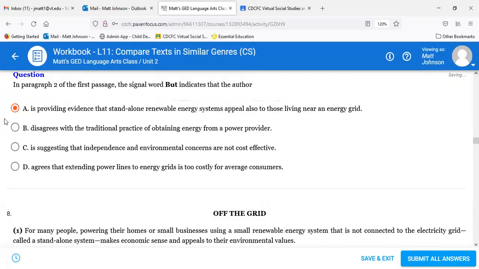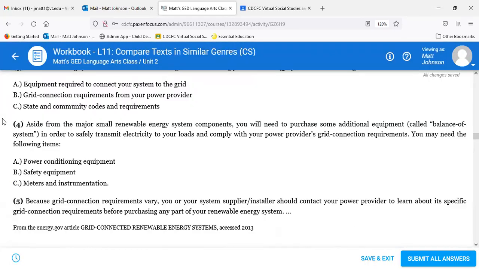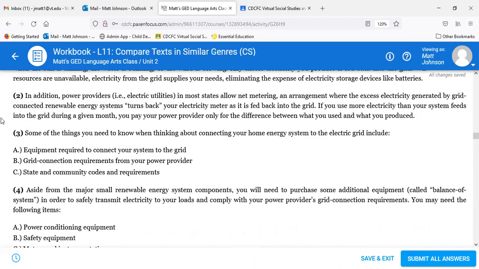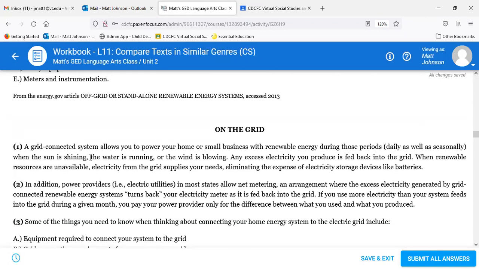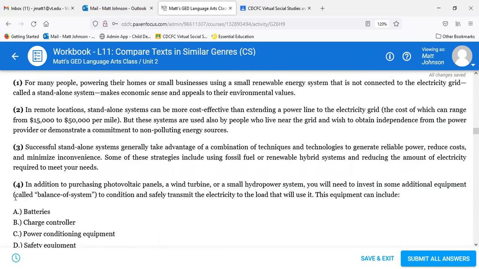If we just look at that real quick, paragraph 2. Let's see, where is that? I missed it somewhere. It did say paragraph 2, right? Oh, wait. We have 2 different sections here.